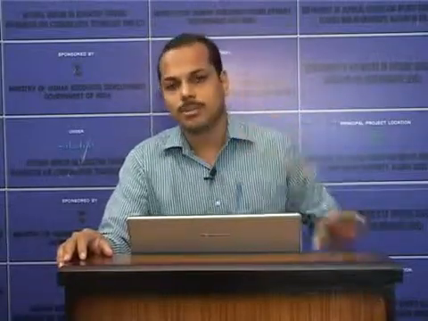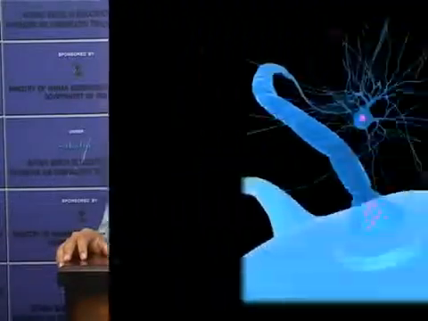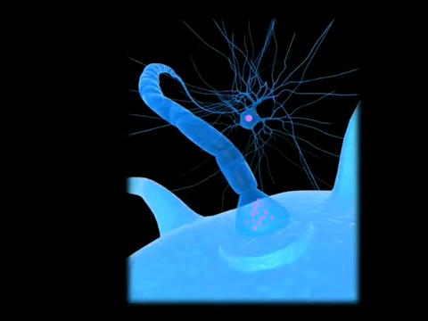The nervous system has monitoring cells called receptors. It monitors the changes through these special monitors called receptors. So the receptors monitor the changes, that is, from stimulus to receptor. Then from the receptor, it integrates.